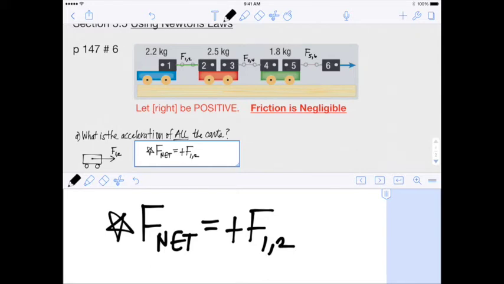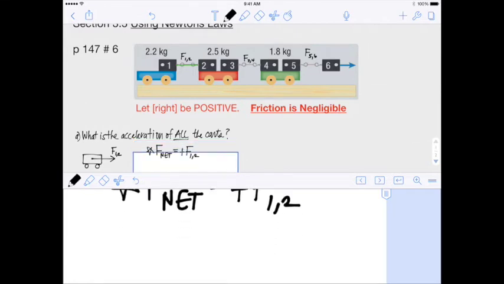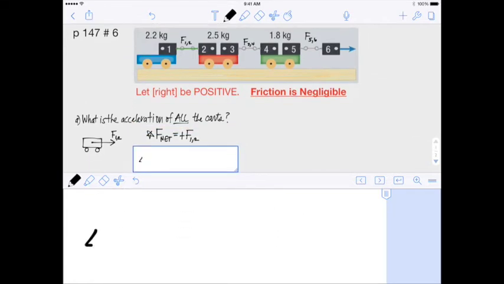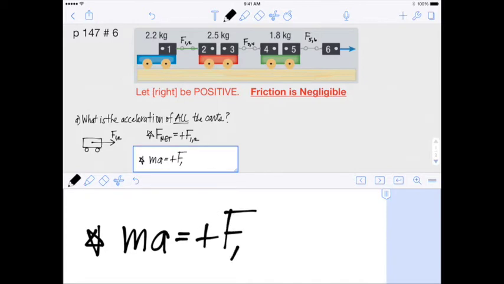This is the only force acting on the last cart. The second step is to replace the expression F net with MA. So we have MA is equal to the force as read on sensors 1 and 2. Now we can sub and solve.